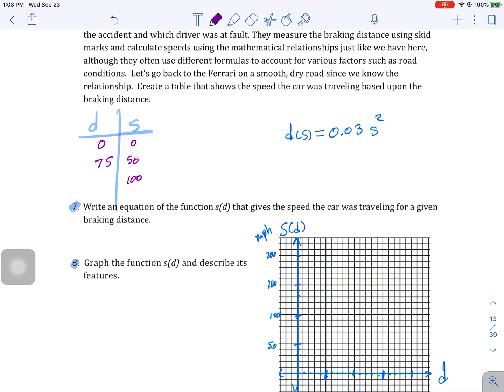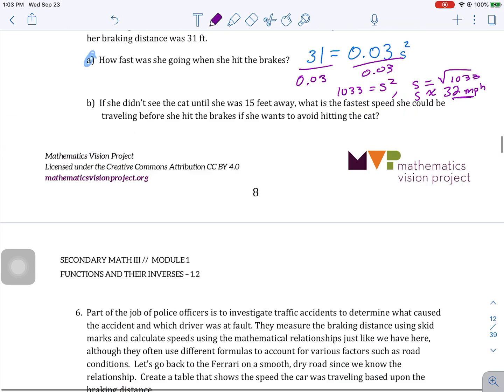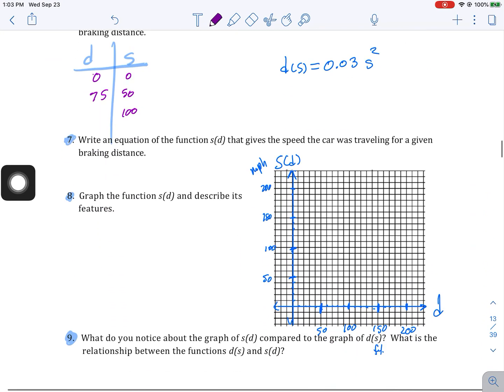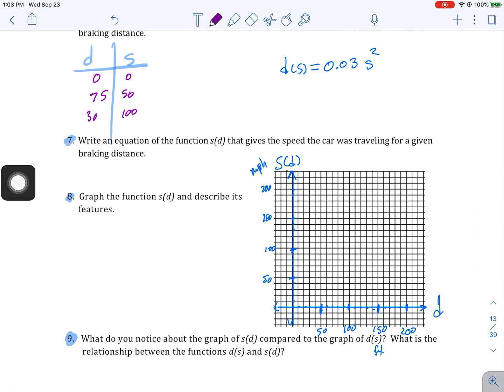So on this table, 75 feet gives me a speed of 50. And then on the other one I did, at a speed of 100, it was actually close to 300. So I could say my distance of 300 for 100. And then to write an equation, this would be s of d. Okay, so given the distance, what is the speed?